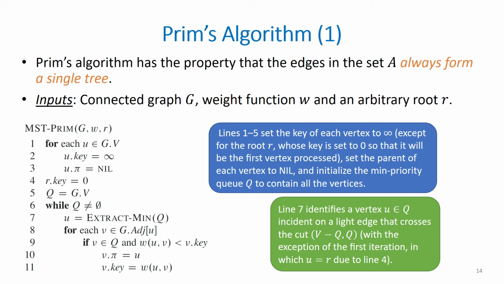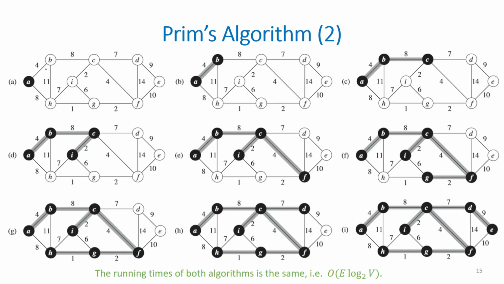So by convention, v.key would be equal to infinity if there is no such edge. The attribute v.pi, on the other hand, indicates the parent of V in the tree. Now let's see how Prim's algorithm works using an example. Suppose we are given the graph in figure A and the vertex A as the root to begin from.